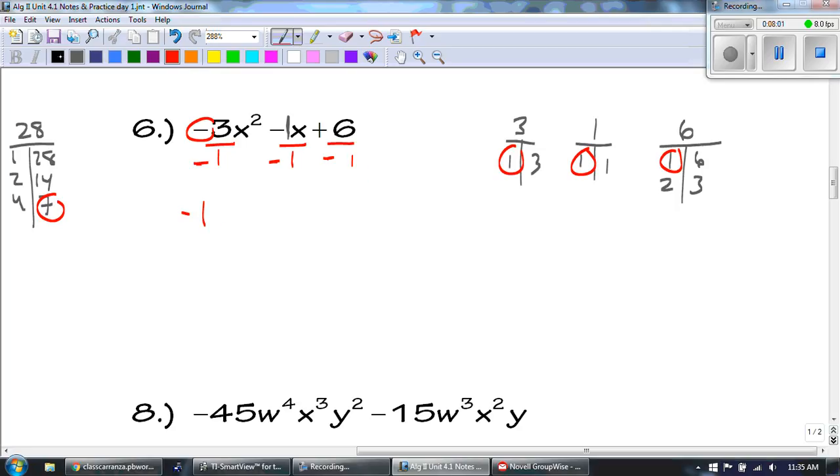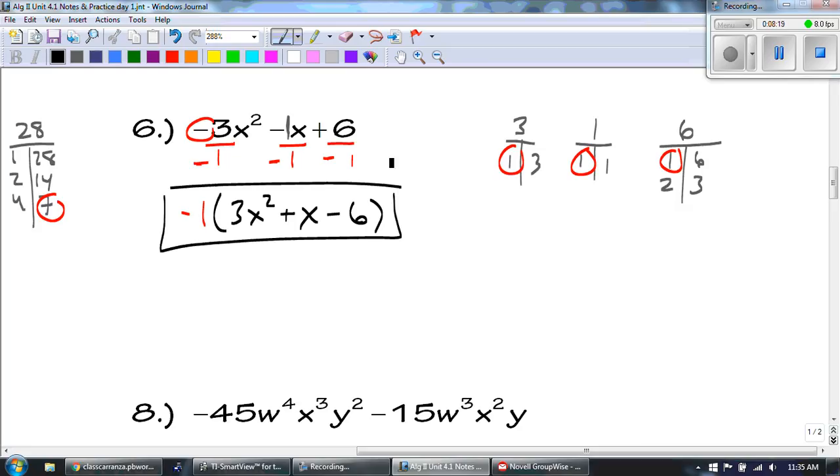It's a negative 1, and then negative 3 divided by negative 1 is a positive 3x squared. Negative 1 divided by negative 1 is a positive 1x, and positive 6 divided by negative 1 is negative 6. I can't take out the x because the 6 does not have an x.